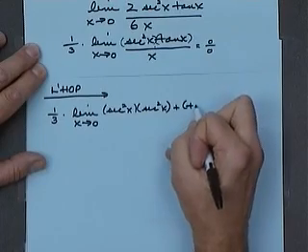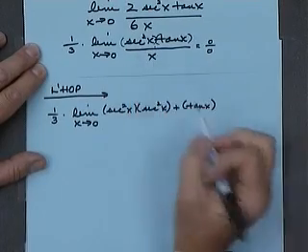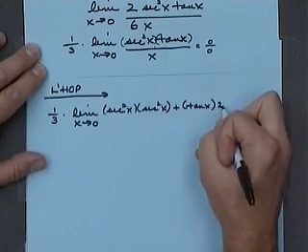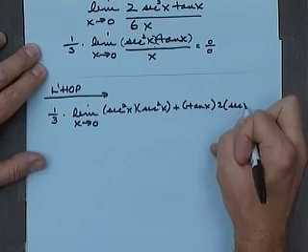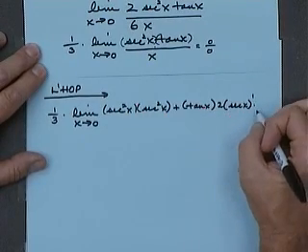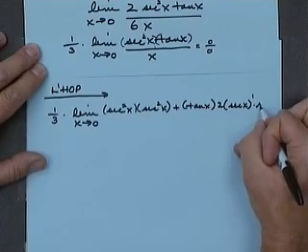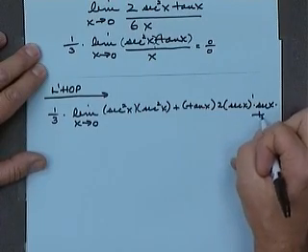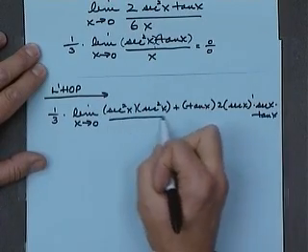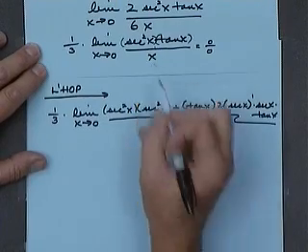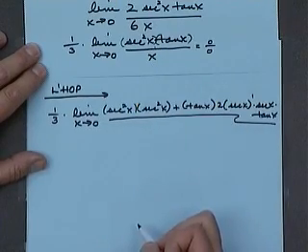Plus second times derivative of first, 2 times secant x to the first times derivative of secant, which is secant tangent, all over the derivative of x, which is 1.